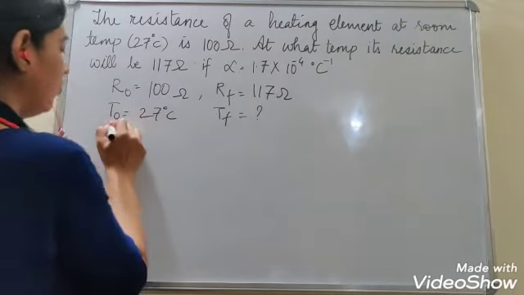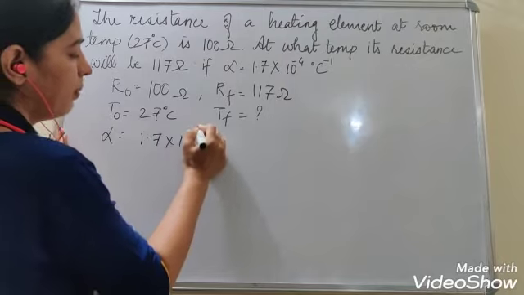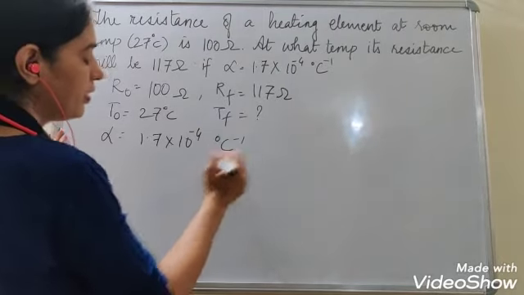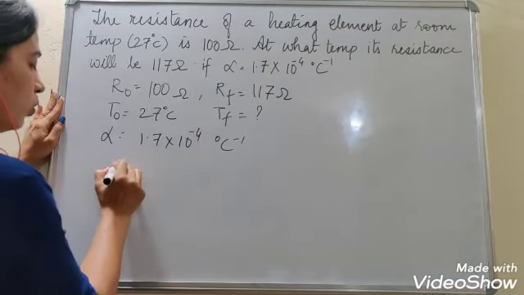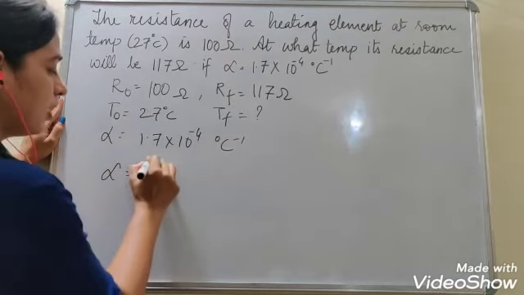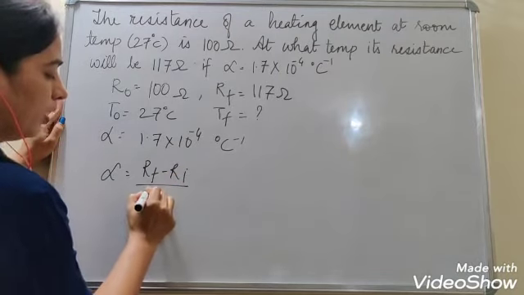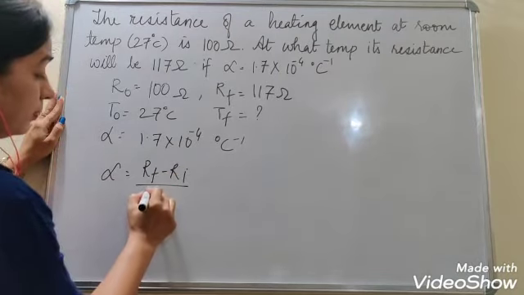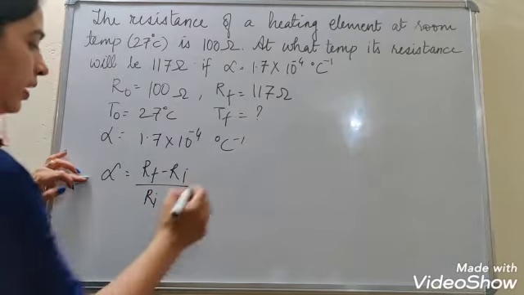Final resistance is 117 ohm, initial resistance is 100 ohm. Alpha is given as 1.7 into 10 to the power minus 4 degrees Celsius inverse. So we have to find the final temperature. We know alpha is R final minus R initial upon R initial delta T, or R naught, whatever you can write.